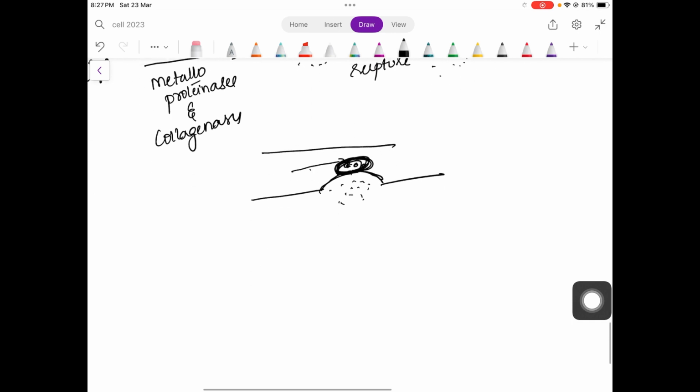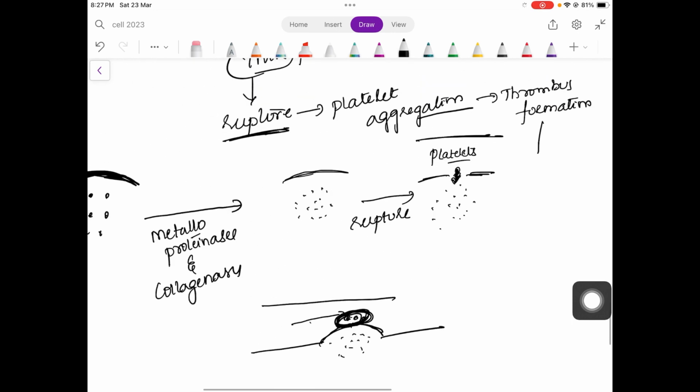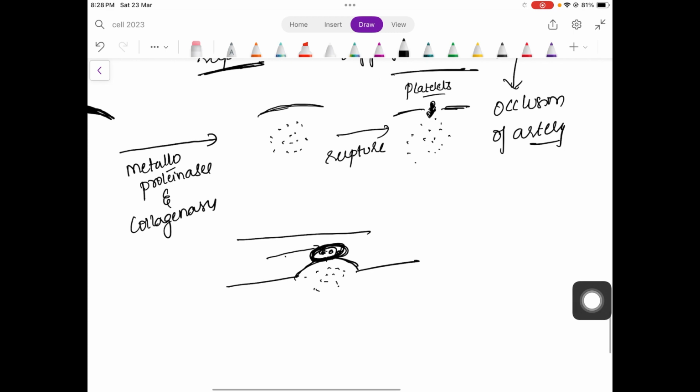So this thrombus formation causes occlusion of the artery. This occlusion of the artery will lead to ischemia and necrosis of tissue.